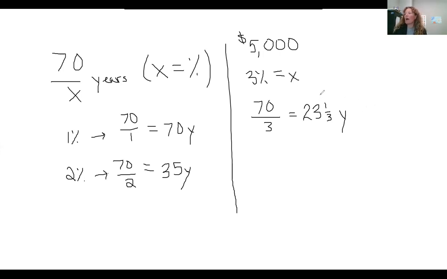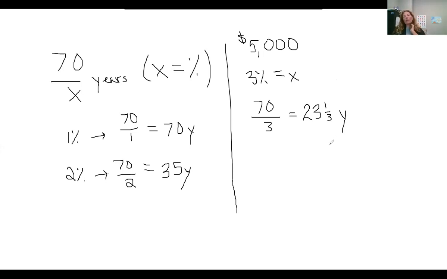So how long will it take for my 5,000 to turn into 10,000? 23 years and 4 months, 23 1/3 years. That's how long. So then I'd have 10,000, which would mean in another 23 1/3 years, I would have 20,000.